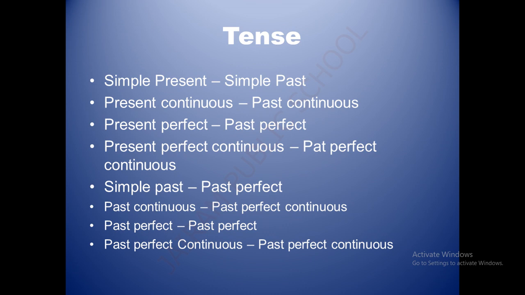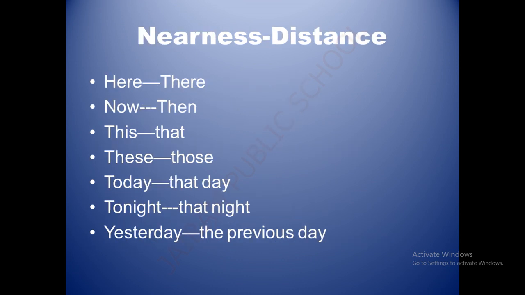That is the difference. So simple present to simple past, present continuous into past continuous, present perfect to past perfect, present perfect continuous into past perfect continuous, simple past to past perfect, past continuous into past perfect continuous, past perfect with no change, as well as past perfect continuous also the same while you're transforming into indirect.